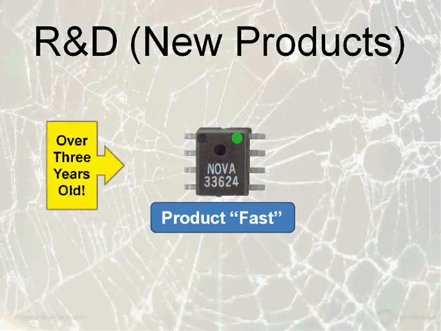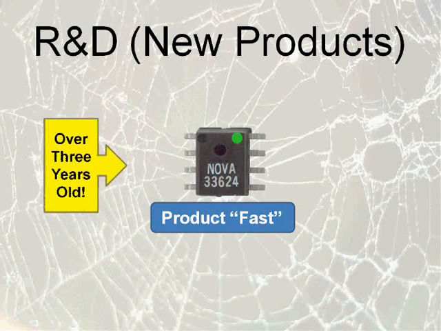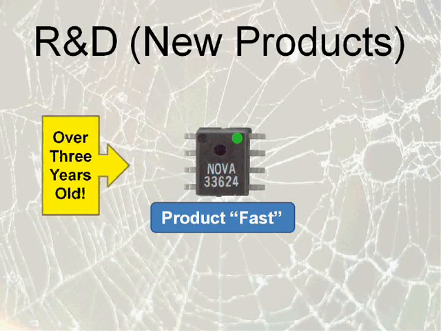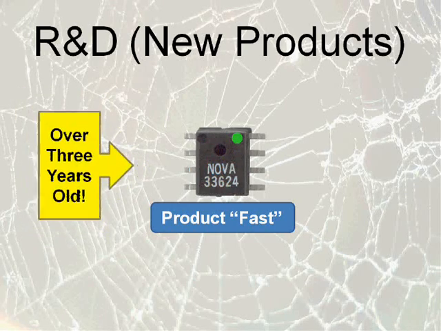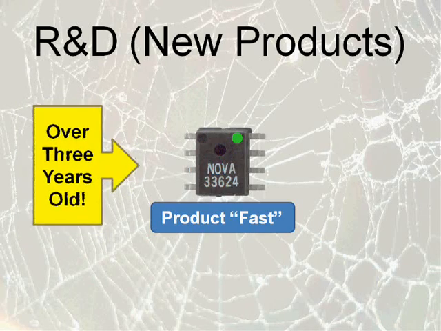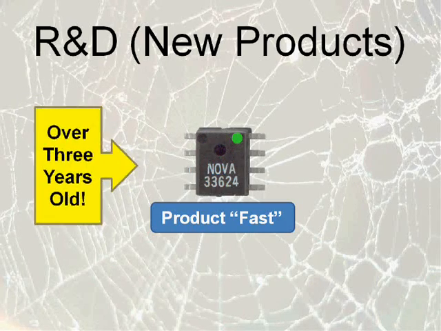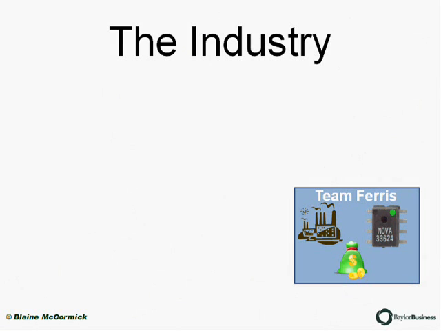I've got some bad news for you on product Fast: it's getting a little old. Your current product is actually over 3 years old, and that's not going to compete very well in the marketplace, because some of your customers are going to want really fresh, really new sensors, and a 3-year-old product isn't going to compete as well as you like. So you're going to have to make some revisions on this or launch some new products and come up with that.